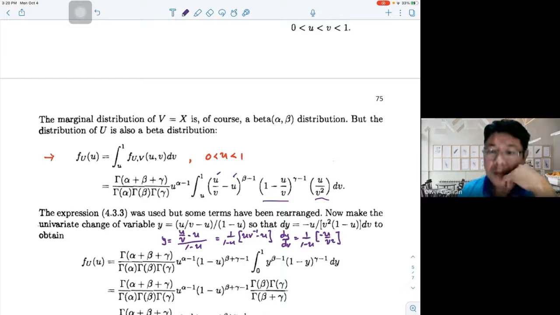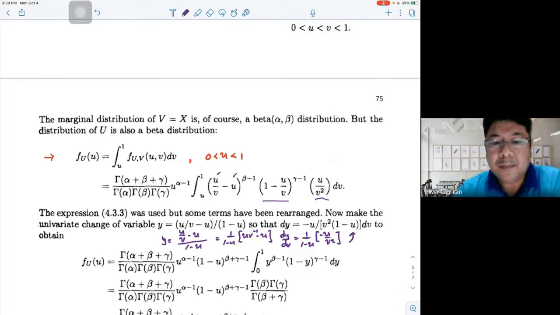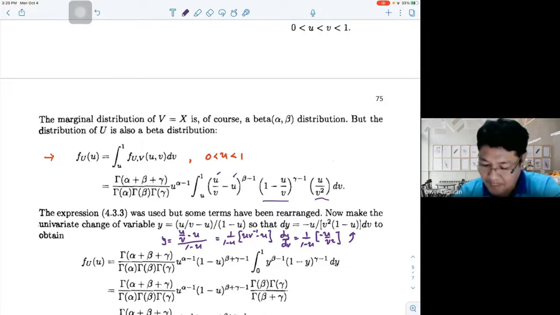Okay, so the differential of y now will be just equal to this. dy is now equal to negative u over the quantity v squared times 1 minus u, dv, the differential of v. Okay? So, simplifying.